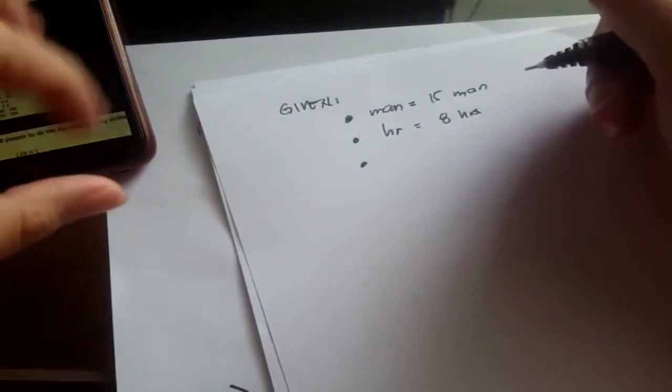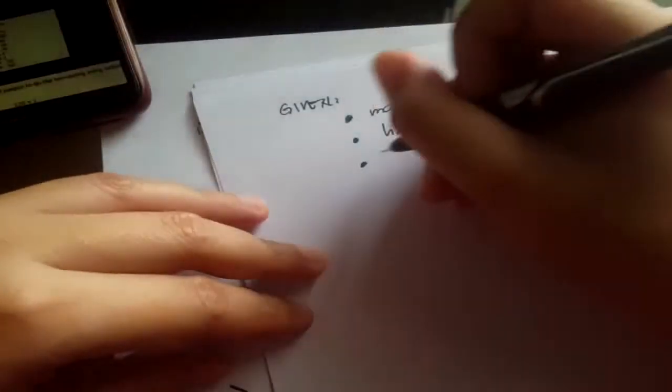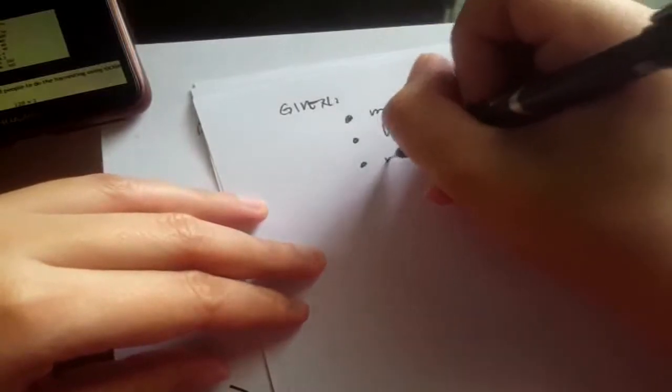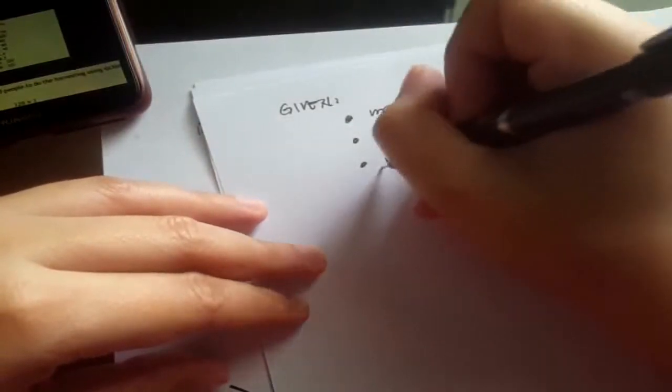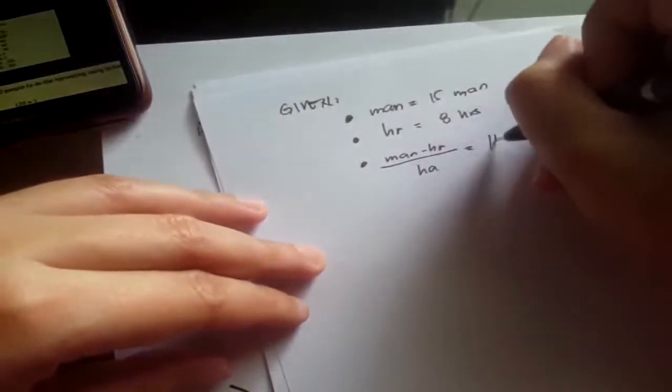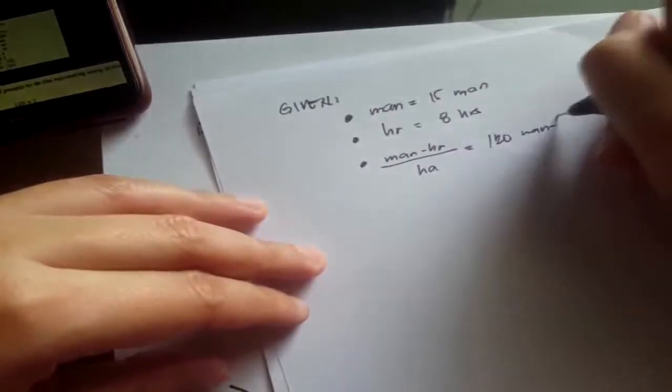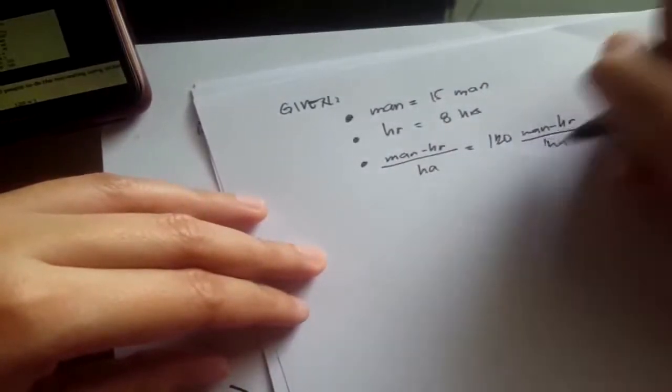The job is to harvest the field using a sickle again. So let us now use the man-hour per hectare, which is 120 man-hour per hectare.